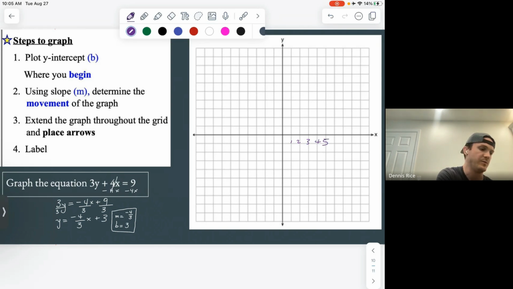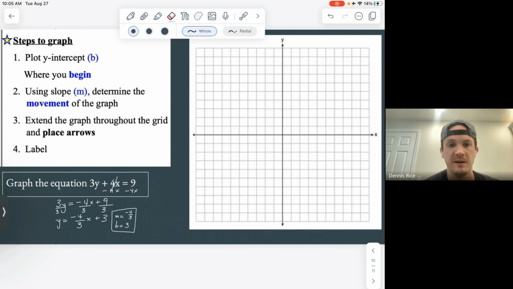We don't do that. You just leave it empty. You do have to count, which is a little annoying. We always assume that one box is one unit unless otherwise noted. Usually in word problems we'd set a scale where the boxes represent something different.